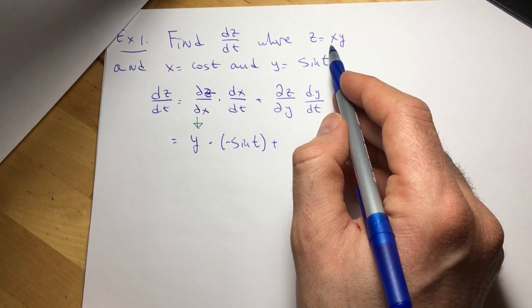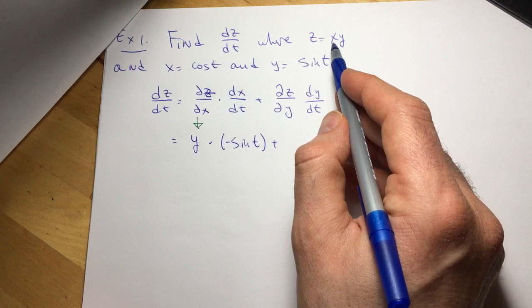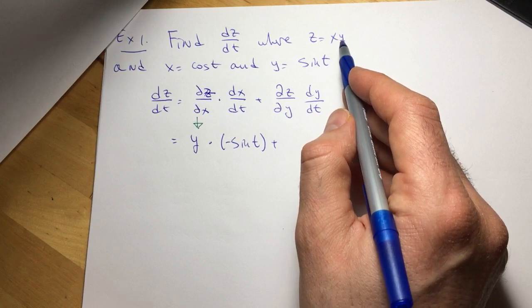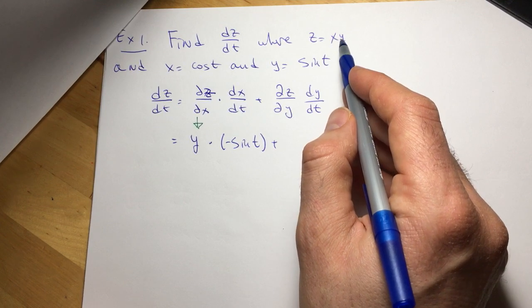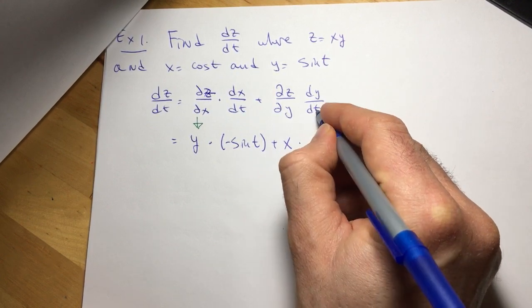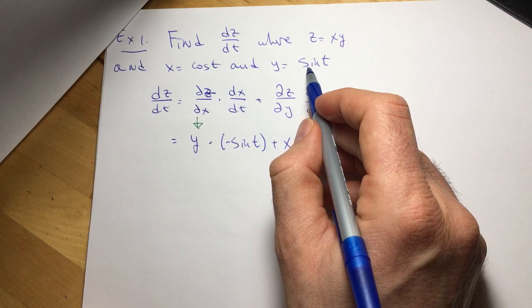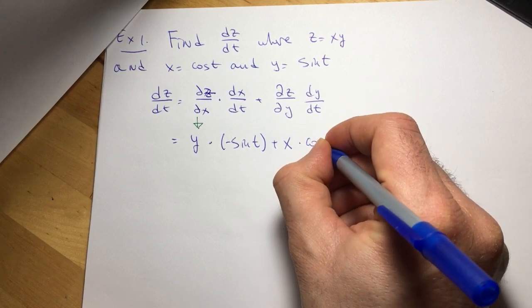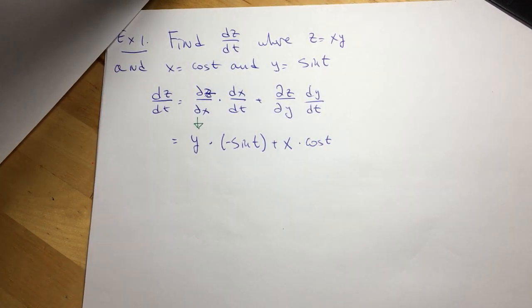I'm differentiating z with respect to y, so I treat x as a constant. A constant times y differentiated with respect to y is the constant times the derivative of y, which is 1, so only x, times dy dt. y is sine of t, so the derivative is cosine of t.